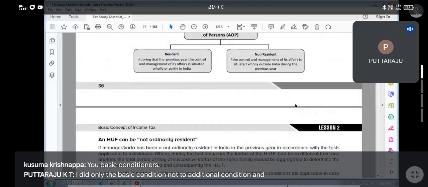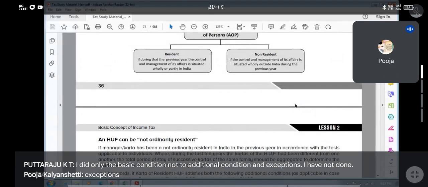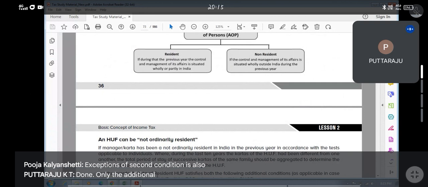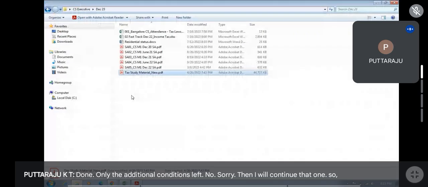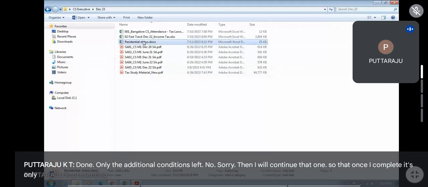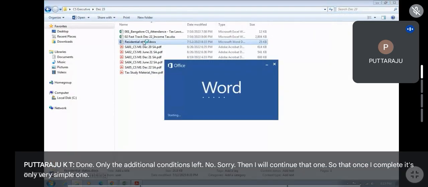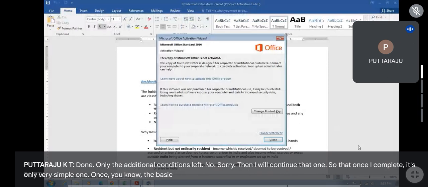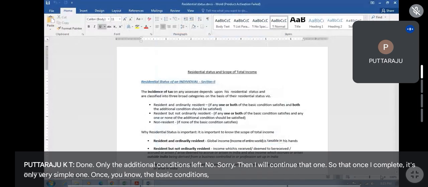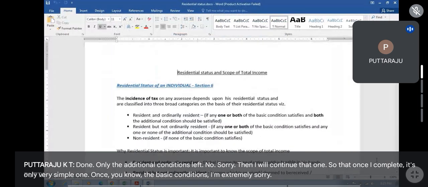Exceptions of second condition is also done, sir. Only the additional conditions left, no? Sorry. Then I will continue that one. Once I complete, it's only a very simple one. Once you know the basic condition, I'm extremely sorry. I thought I completed.